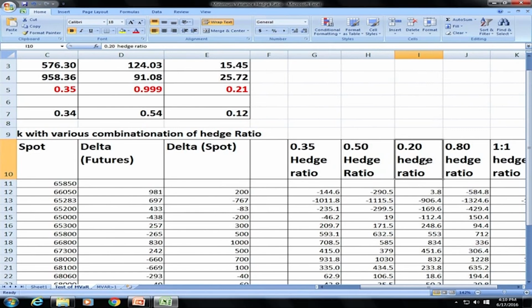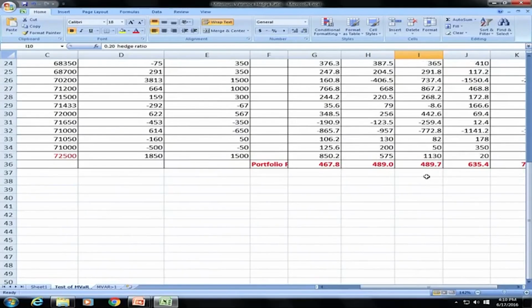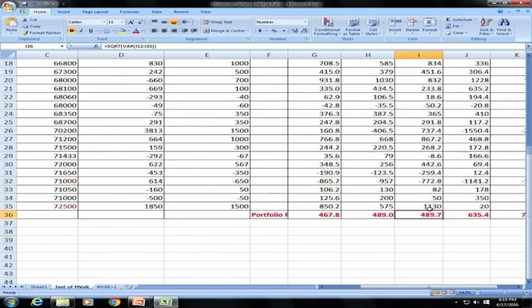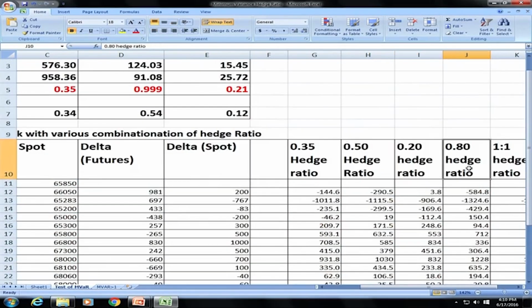I just took another random number. So the hedge ratio is 0.5, which means for every 1 unit long on the asset, the producer is entering into 0.5 units of futures contract. With this, the portfolio risk is 489.7.